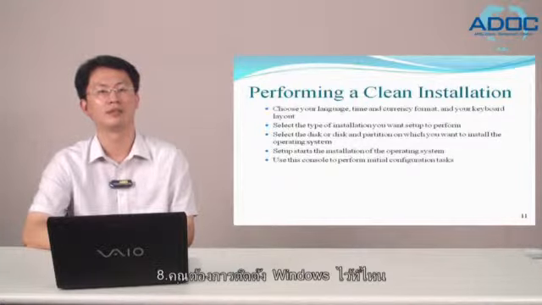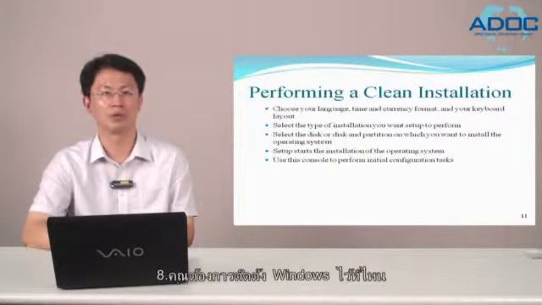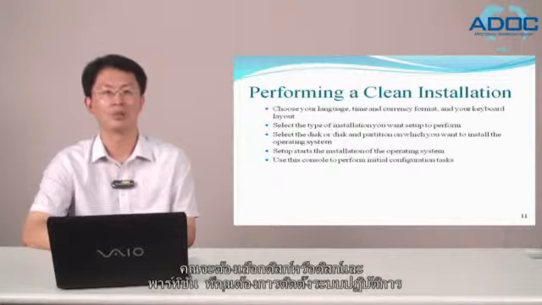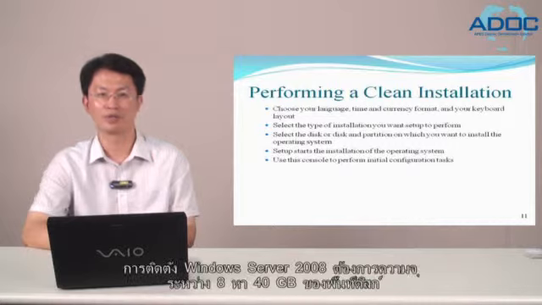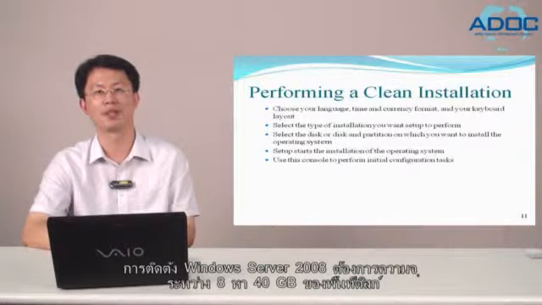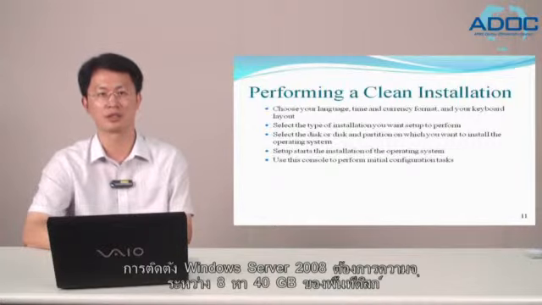Eighth, under Where do you want to install Windows, you will need to select the disk or disks and partitions on which you want to install the operating system. Windows Server 2008 requires between 8 and 40 GB of disk space for installation.